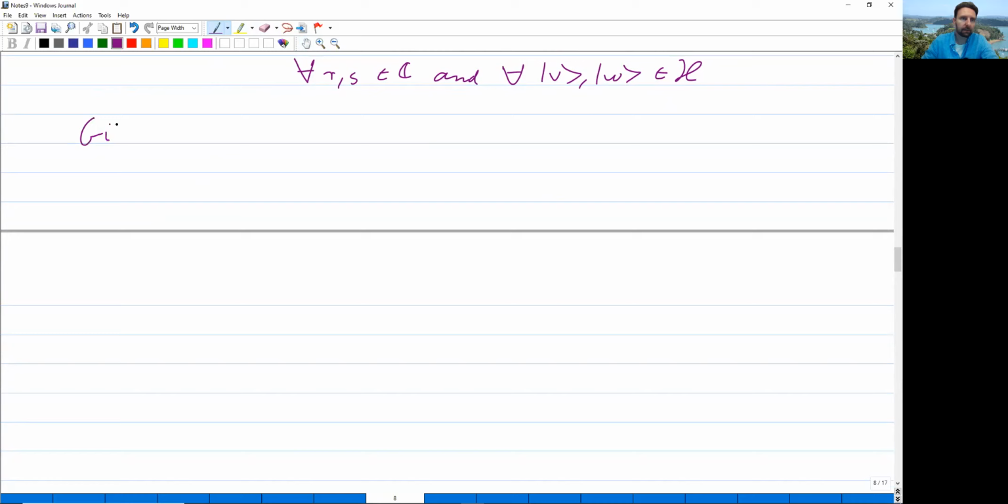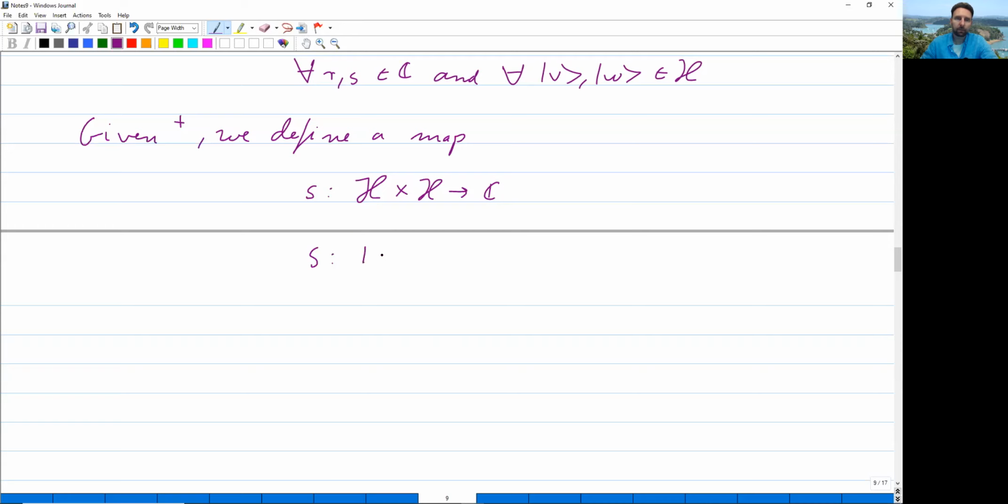Then, given the Hermitian conjugation map, we define a map S, which will be called the scalar product map or inner product map, from H cross H into C, the Cartesian product, which maps two vectors V and W into the bracket of V and W, which is a complex number, right?